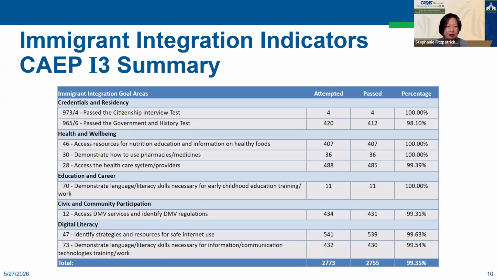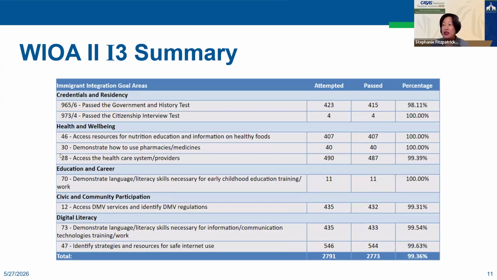And the last summary is another chart that you can get from a report from TE for WIOA 2 I3 summaries. We do have TE trainings where you can get to the bottom of how to get that report. CASAS also has TE office hours where you can attend and have your specific questions answered.